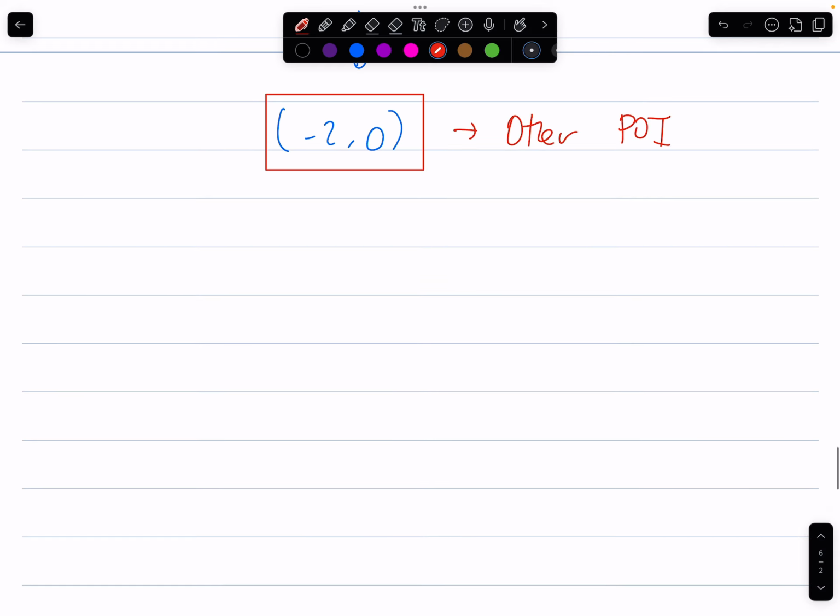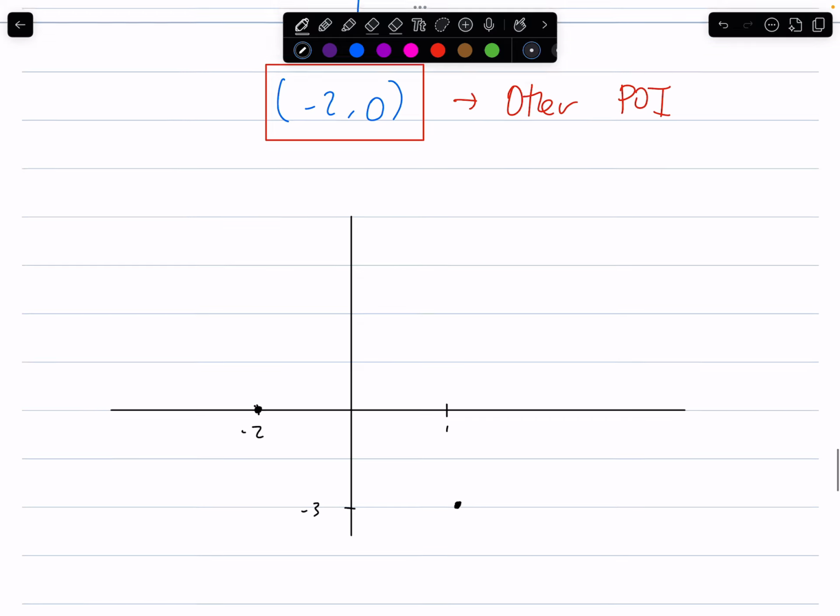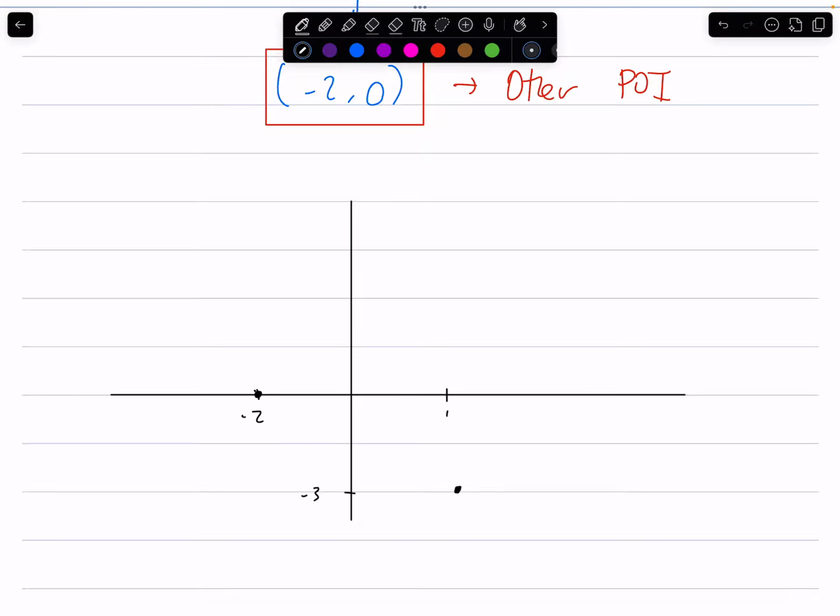The reason I'm showing you guys this is because when you actually graph this, now we have a lot more information to graph it. So at (1, -3), that's where we're going to have this point. And then we're also going to have another point at (-2, 0), which is this point. And we know that the graph itself is going to look like this.